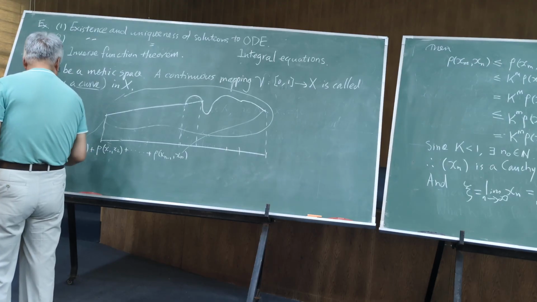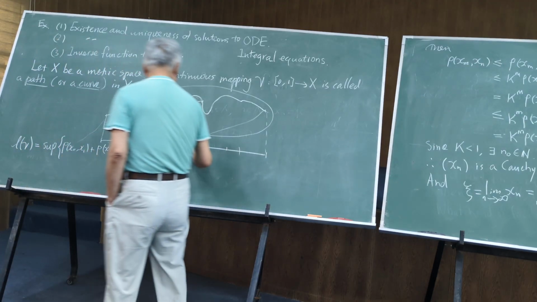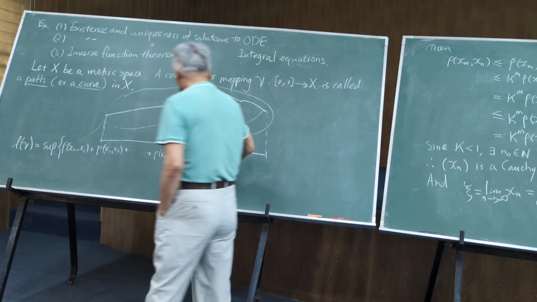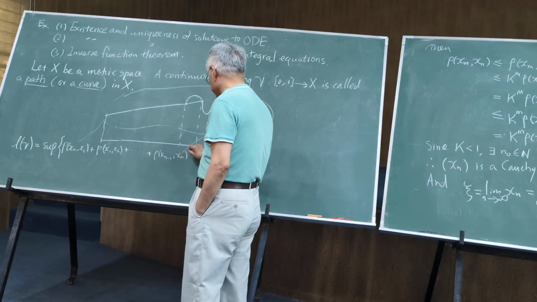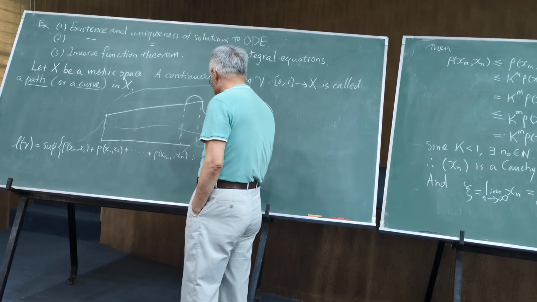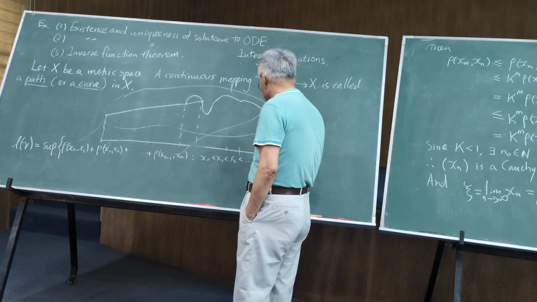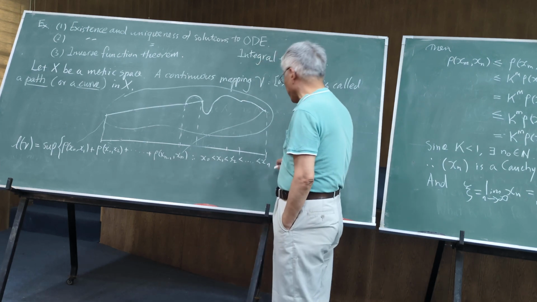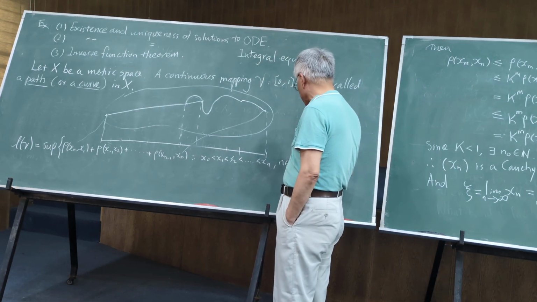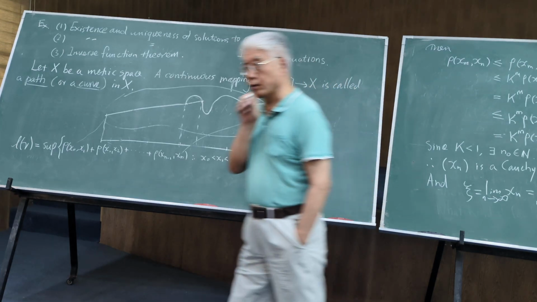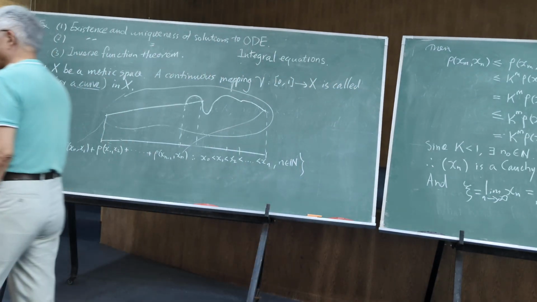We take it over this set, under the condition that x0 is less than x1 and so on, and n can be any natural number. This is defined to be the length of gamma.